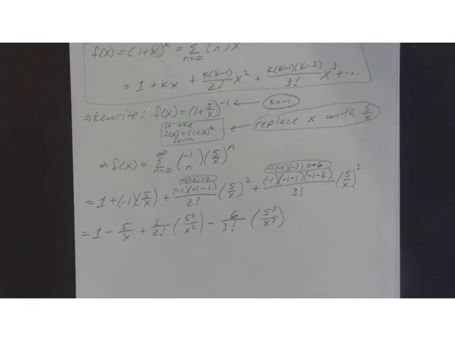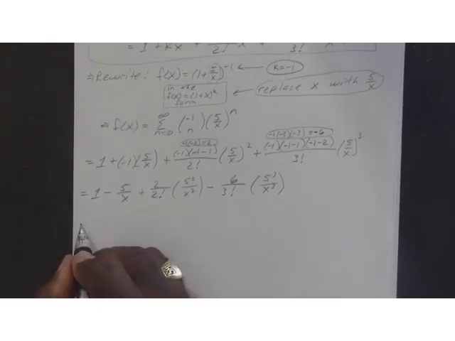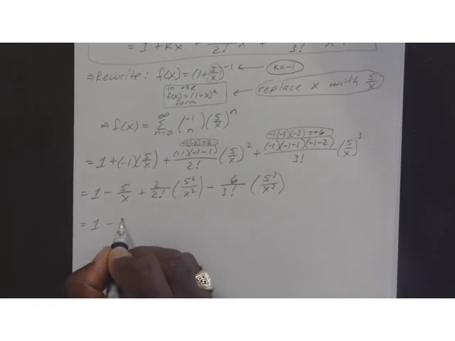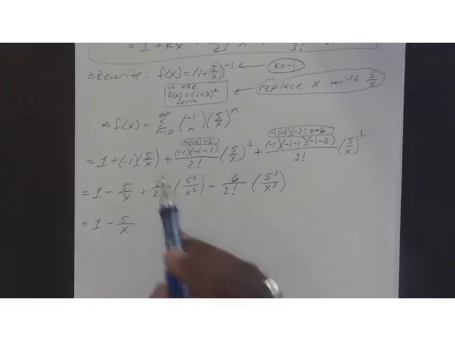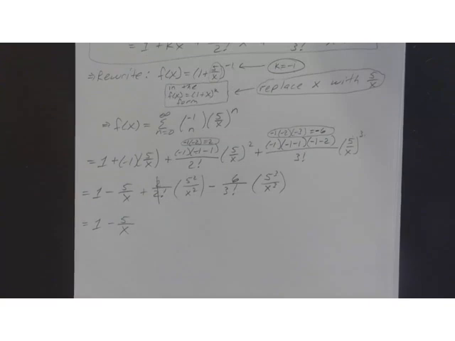Okay, so now we just simplify it one last time. So that's 1 minus 5 over x. 2 factorial is equal to 2, so these two just cancel each other out and become 1.